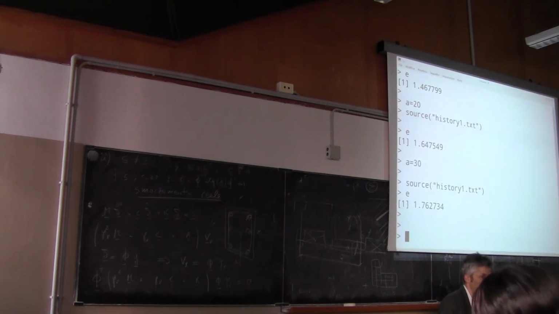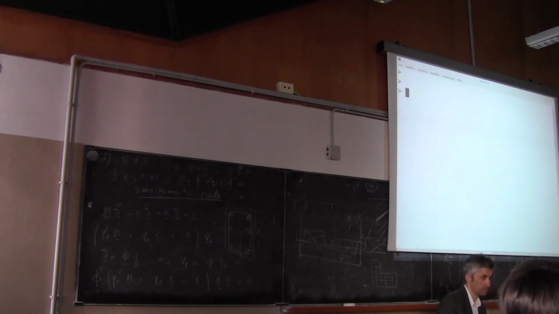You can define a function by working with a command line. So let's suppose, for instance, that you want to write a very simple function that does the following: you define A equal 10, and the function computes A times 20, which is very simple. Let us define the function.